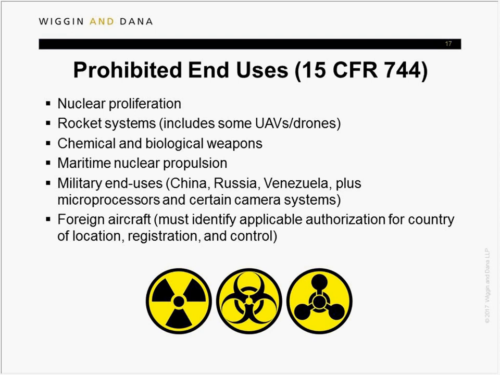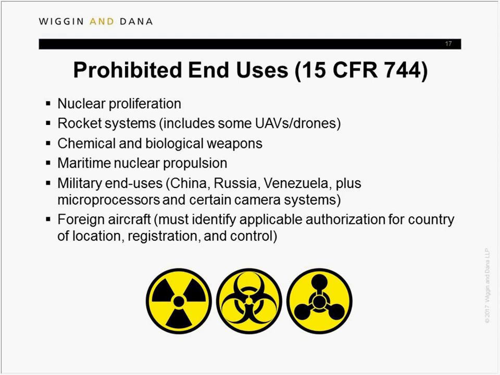And by the way, missiles are defined to include some unmanned aerial vehicles or drones, depending on their range and their ability to carry, because those kinds of drones can be used as weapons, and so they're defined within the definition of missile. So development of rocket systems, chemical and biological weapons, certain kinds of maritime nuclear propulsion. Those ones are probably pretty obvious. There are others that are more difficult to navigate.